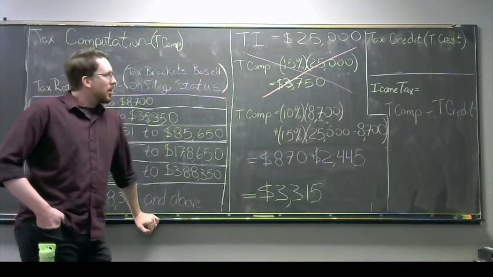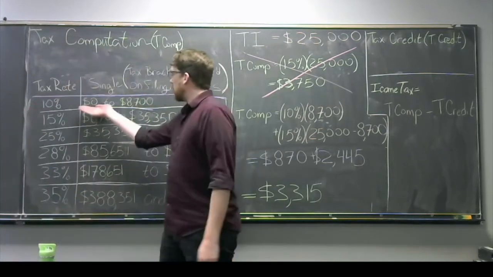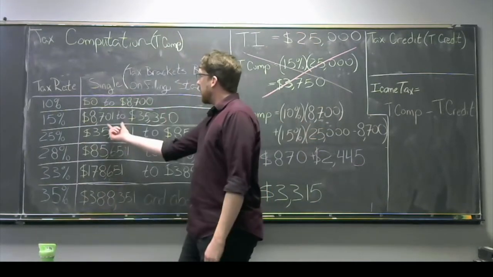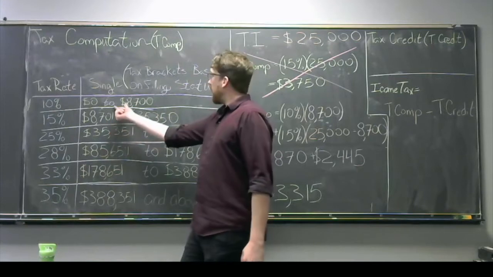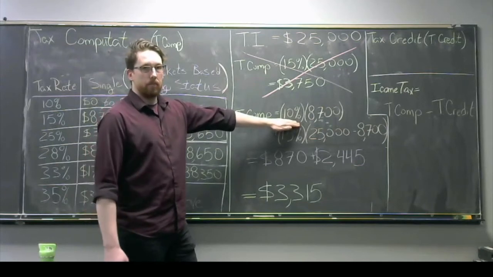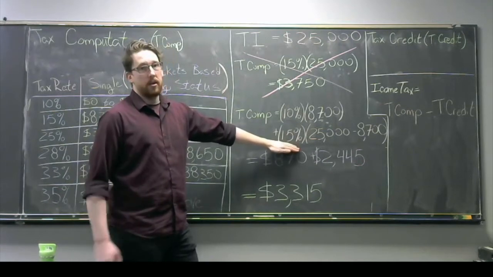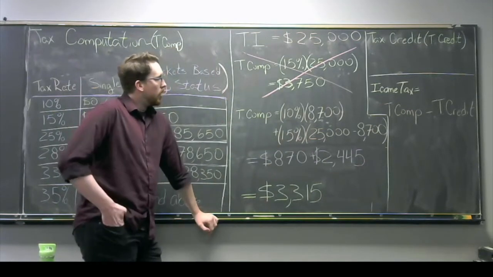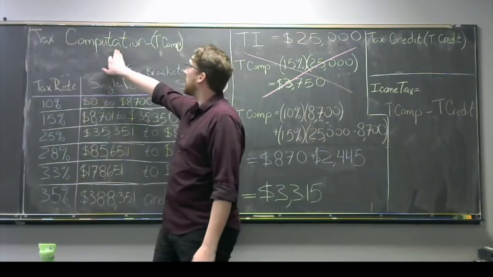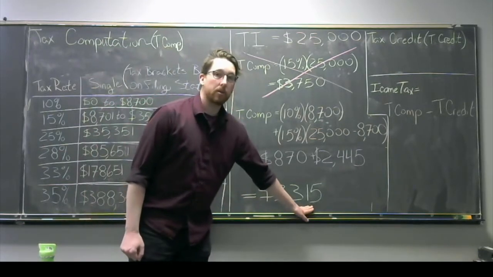Based on that, $8,700 of it is in that first bracket. The remainder of what I make is in this second bracket. So that first $8,700 gets taxed at 10%, but that second bracket gets taxed at 15%. And because of that, your final tax computation is going to be $3,315.